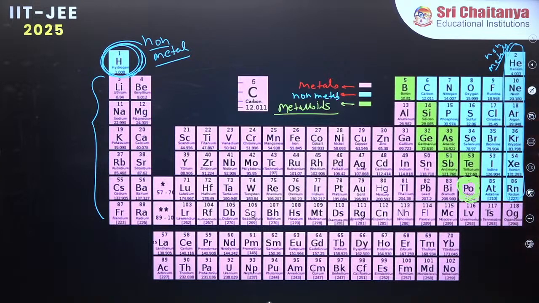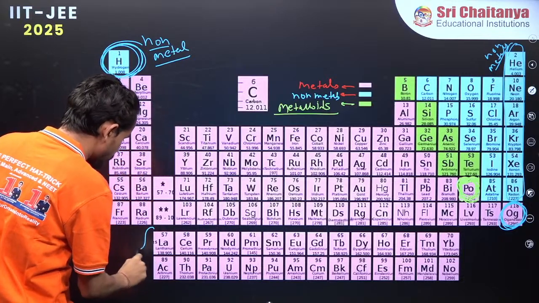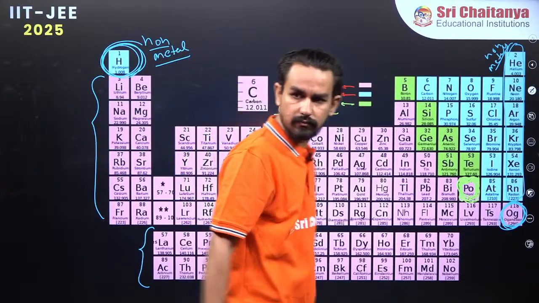Can hydrogen be kept in metalloids, sir? No, not at all. How can an 18th group element be a metal? Og. This Og is a synthetic kind of element, and this behaves as metal. This is not gaseous, this behaves as metal. Lanthanides and actinides, you can see lanthanoids, actinoids, which color? Pink color means metals.